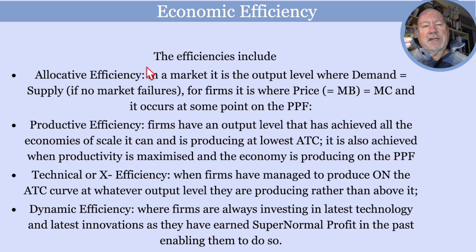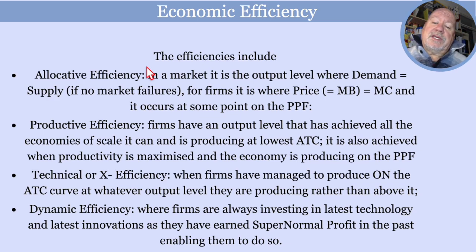So the link is between average product and average variable cost there. It's also on your PPF, it's at any point on the PPF you are productively efficient. In other words, you can't produce more, and one of the assumptions of your PPF is that every factor of production is working, and secondly, they're working at their maximum productivity. So if that's the case, any point on the PPF is productively efficient.